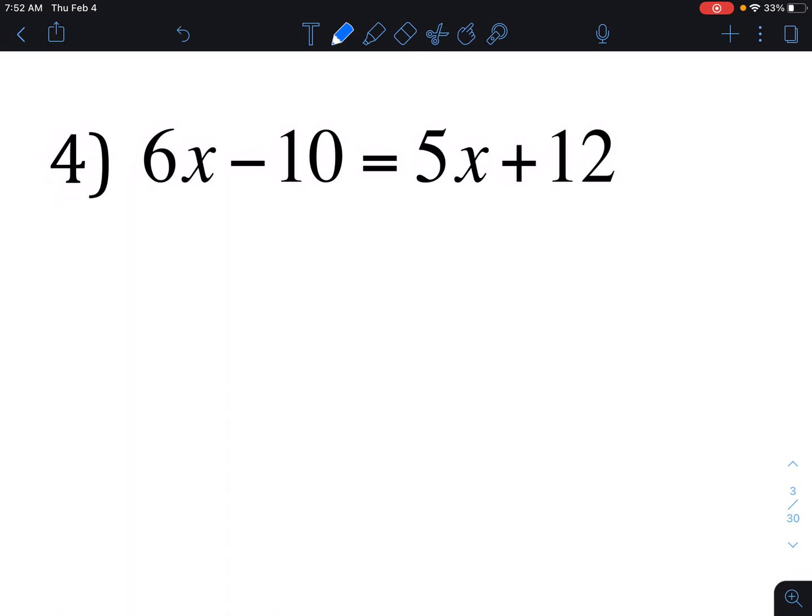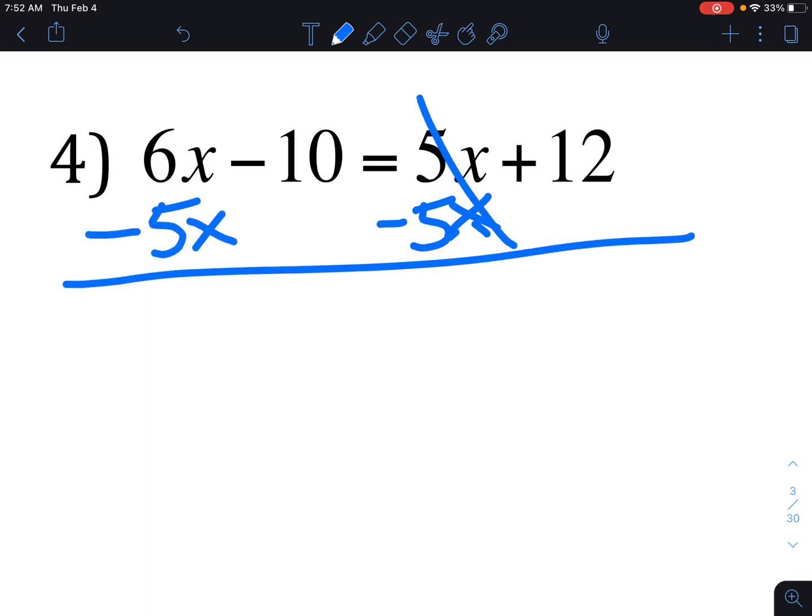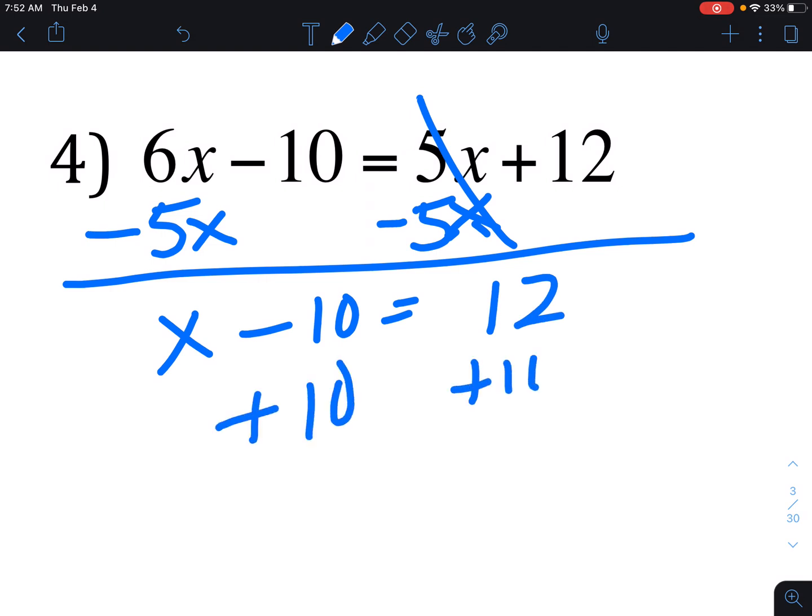So let's move this 5x term to the left. We're going to subtract 5x from both sides. So it'll cancel on the one side of the equal sign, and then do the math on the other. That'll be 1x. And then it's pretty obvious you would add 10 to both sides. So x is 22.